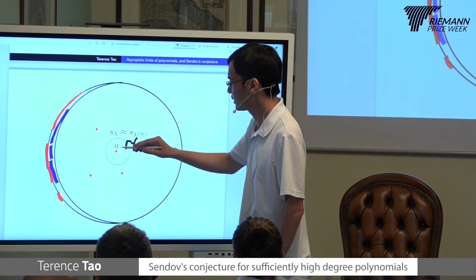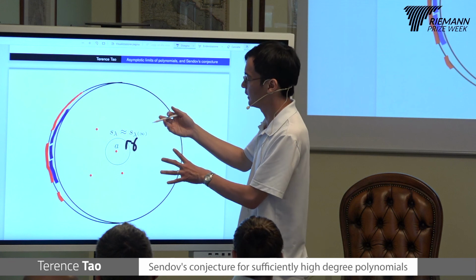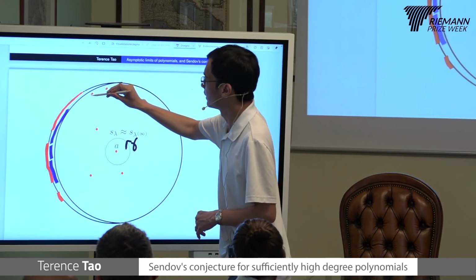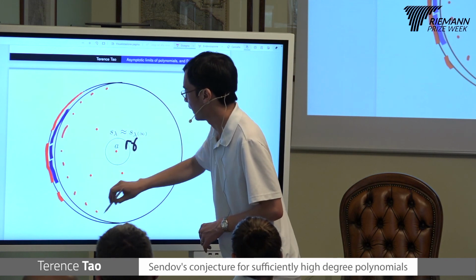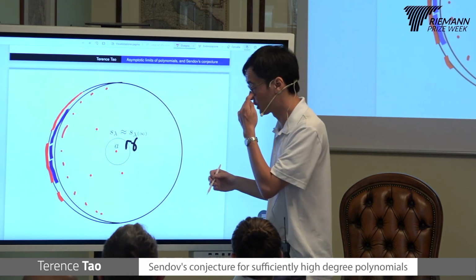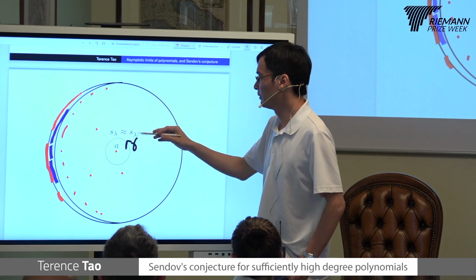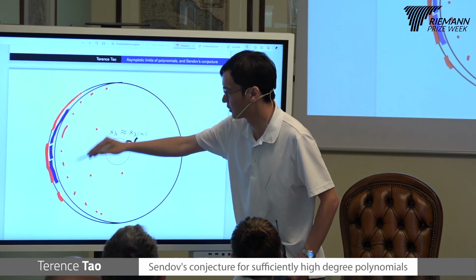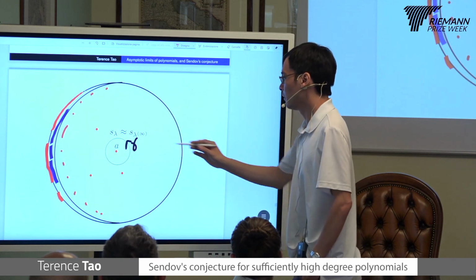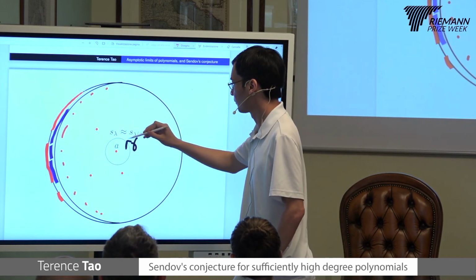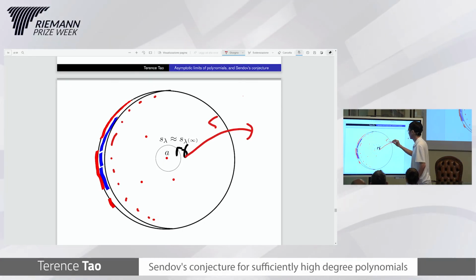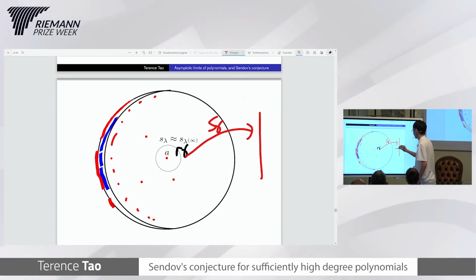For any fixed n, you have some zeros, and then you get the Stratos transform, which is a rational function. It will converge in the limit to the Stratos transform of the limiting measure, which is only on the unit circle. So we're going to take this curve gamma and map it by S lambda, and that will give you some curve.